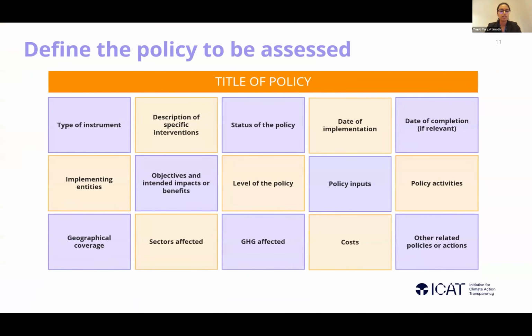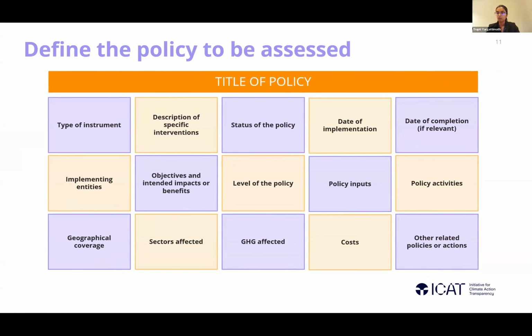So, starting with defining the policy to be assessed. To carry out an effective impact assessment, it is important to first have a clear and detailed understanding of the policy being assessed. To support this, the methodology provides a checklist of key information that we can see on the slide here. This includes, for example, the type of policy instrument.